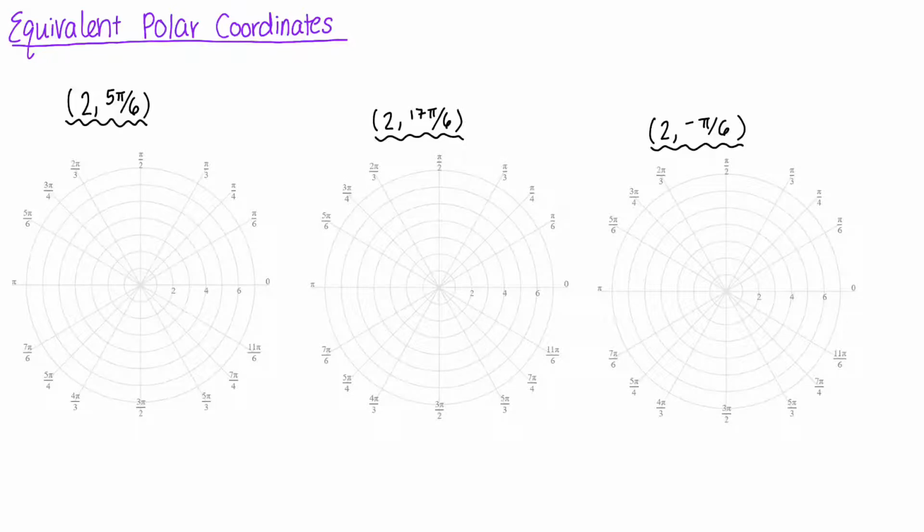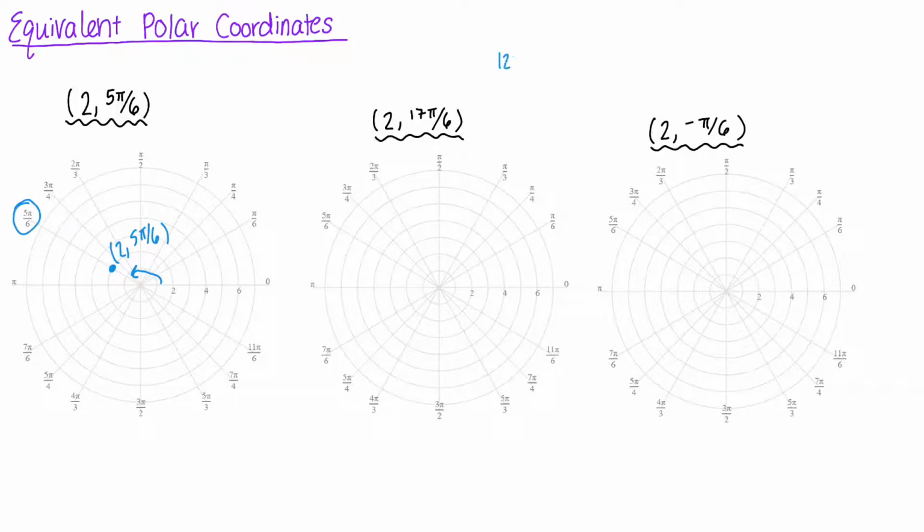So I kind of wanted to show this. If we go to 5 pi over 6, that's right here, and we go 2 out, plot this point, it's right here, 5 pi over 6. That's that point, 2 comma 5 pi over 6. 17 pi over 6 is going around the unit circle.